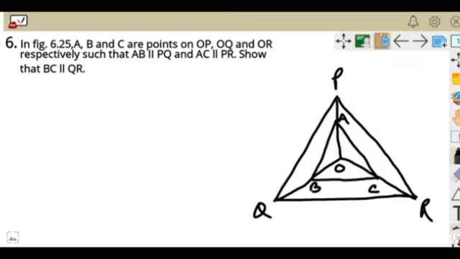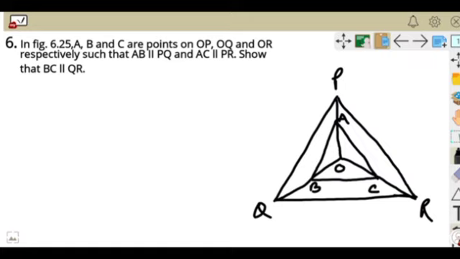That means the first point A lies on OP, the second point B lies on OQ and the third point C lies on OR, such that AB is parallel to PQ and AC is parallel to PR, so that BC is parallel to QR.